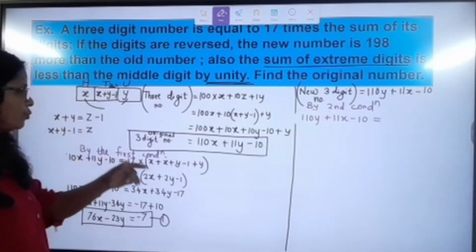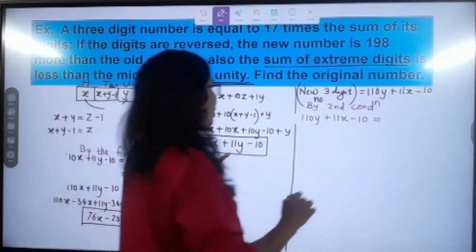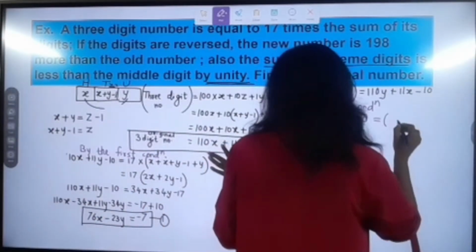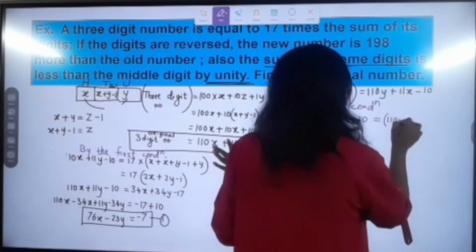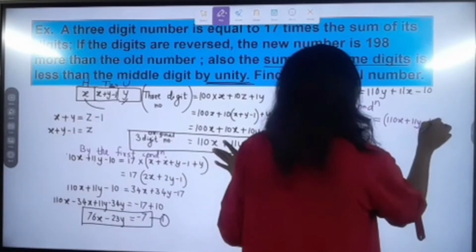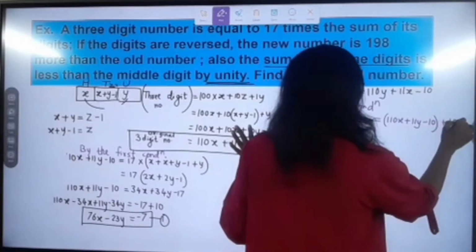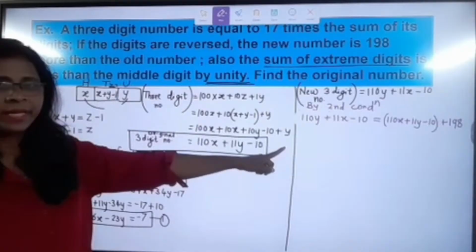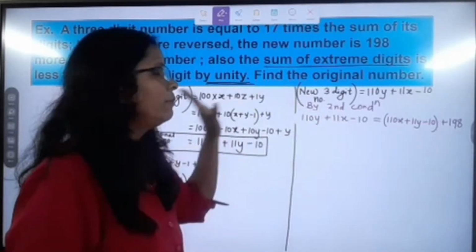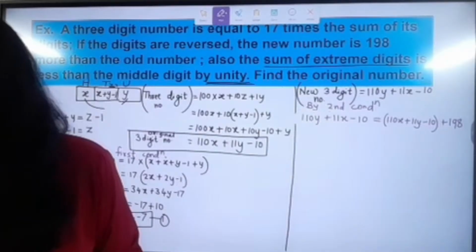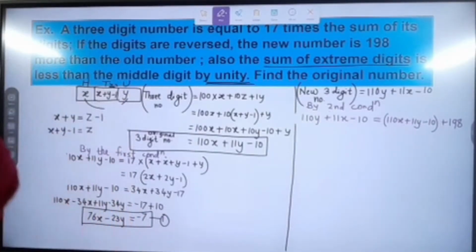The old number is this one, and more than means plus 198. So the original 110x plus 11y minus 10 and plus 198. Such a way we get the equation, but it is not in the simplified form. We have to simplify it.